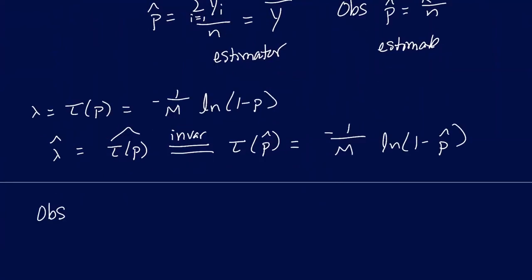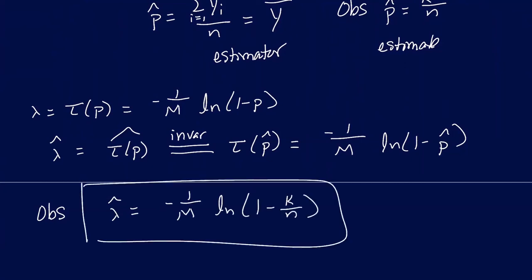The observed value is lambda hat equals -1 over m times the log of 1 minus k over n. And we have found the MLE for lambda not by looking at the original values from the exponential distribution, but by looking at each one and saying below m, above m, below m, above m, and recording ones and zeros.